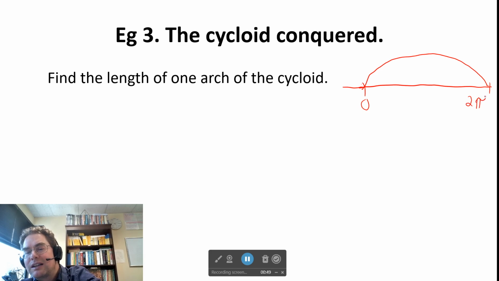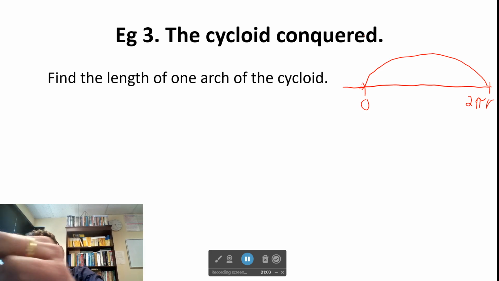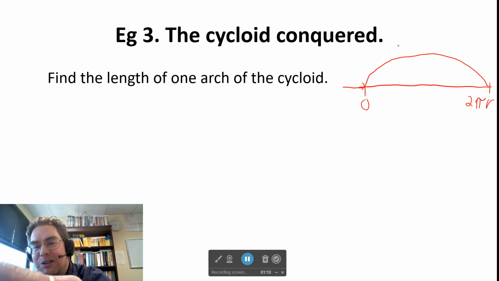The length of the horizontal line segment there is 2 pi r. So since we are going not just horizontally by 2 pi r, but we're also going up and then back down, we would expect a bigger length than 2 pi r. So this should be greater than 2 pi r.